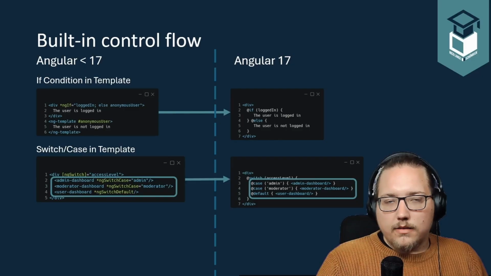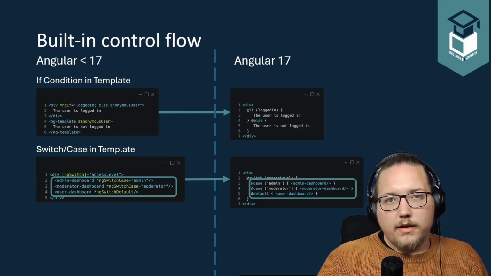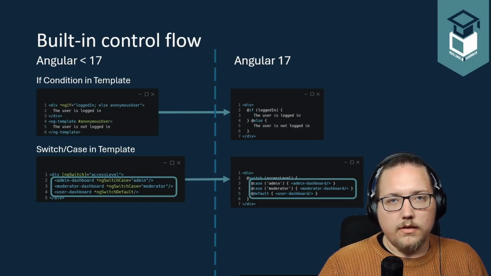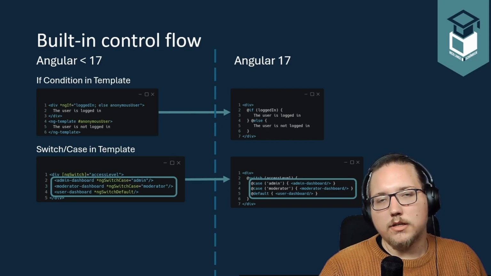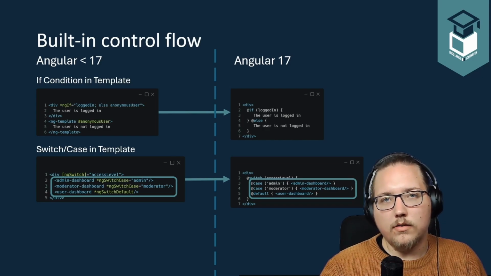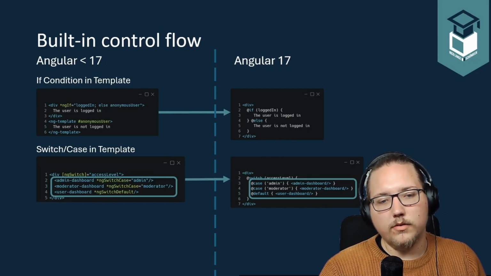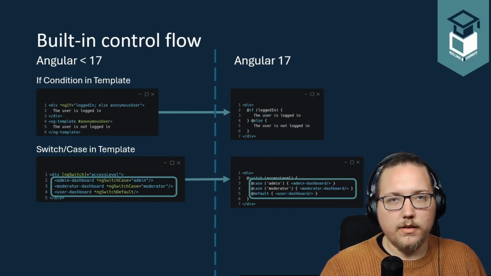As I said earlier, you don't need any wrappers or holders for that logic. All of it is now inside of the template, and you can do whatever you want. Which means, for example, if you want to have multiple elements that get rendered if the case equals admin, you can now do it.